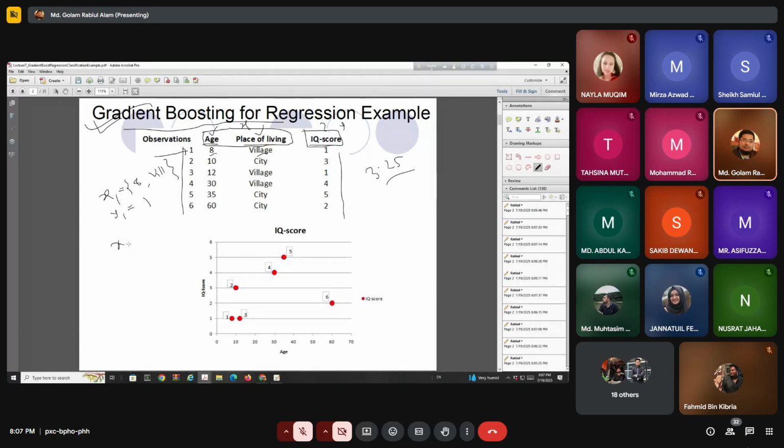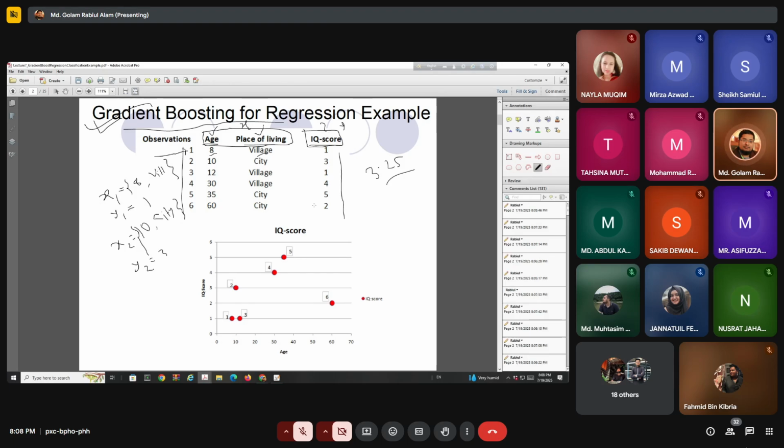Similarly, x2 consists of 10 and city, and y2 is 3, for the second instance. In this way, we have n, a total of 6 instances, where x6 consists of 60 and place of living city, and y6 will be 2.